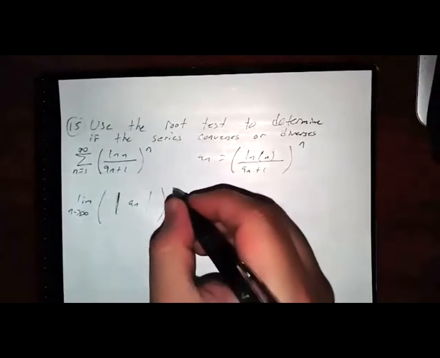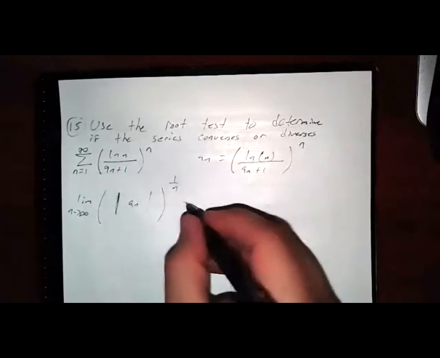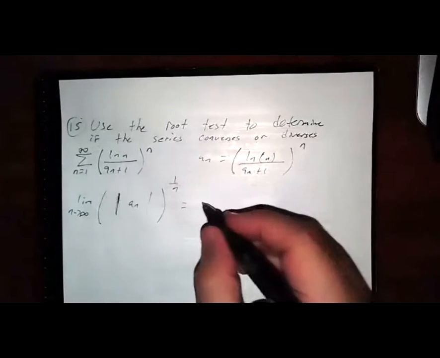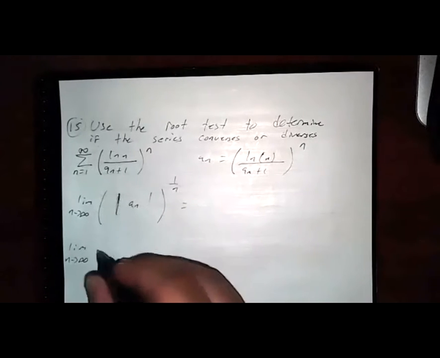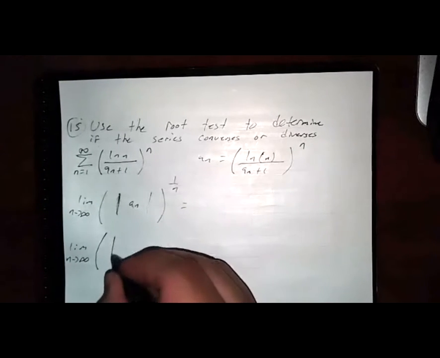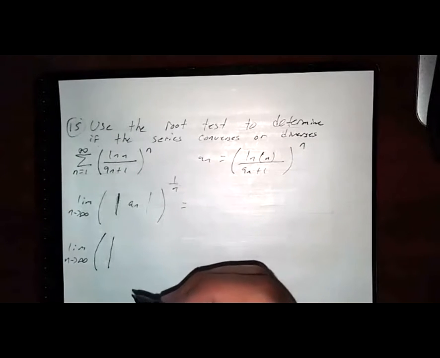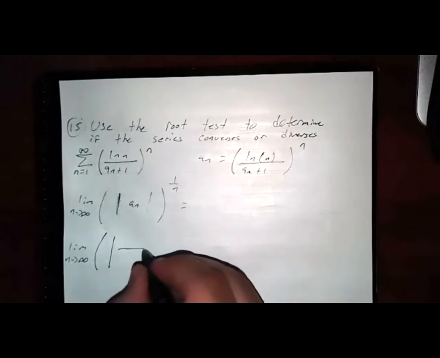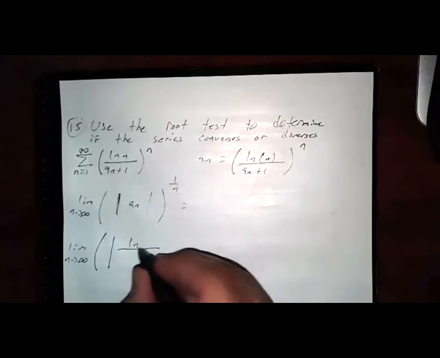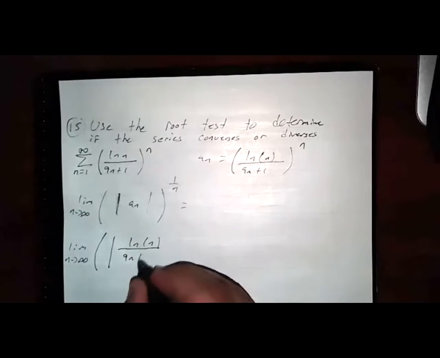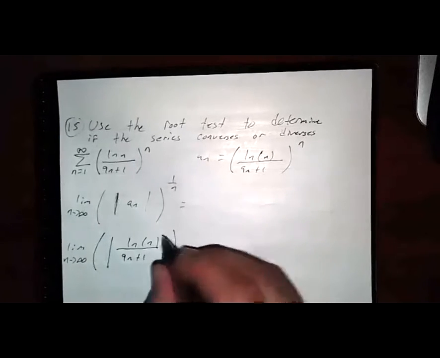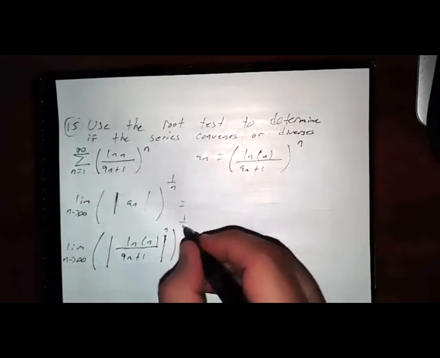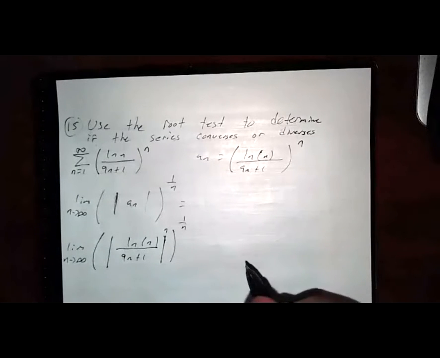The limit of the absolute value of a sub n to the 1 over n, which would be the limit of the absolute value of ln of n over 9n plus 1, to the n, to the 1 over n. Okay, so these cancel.